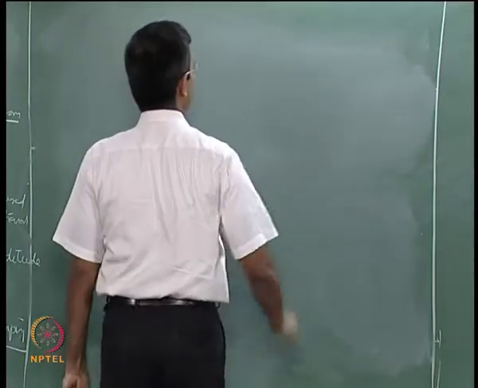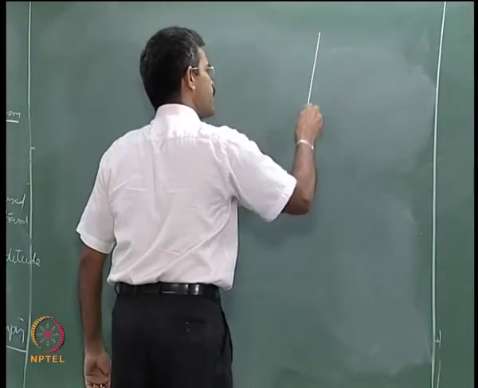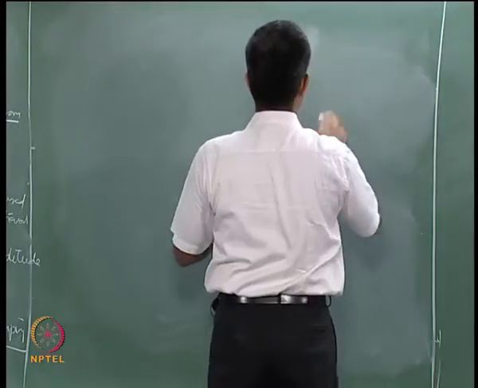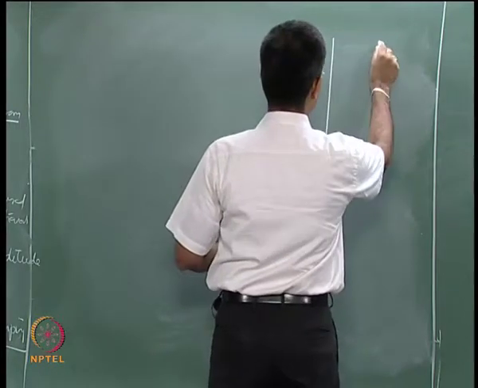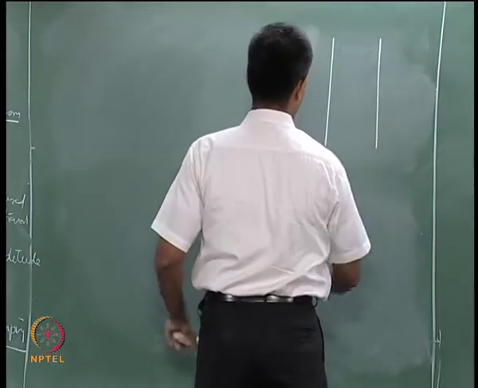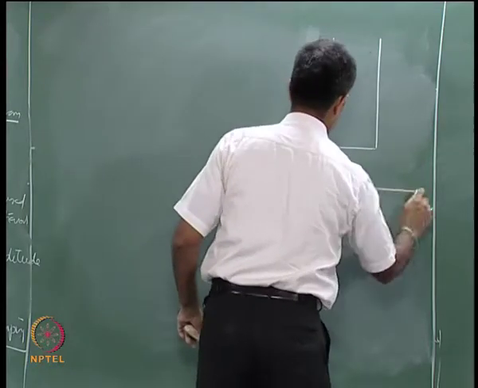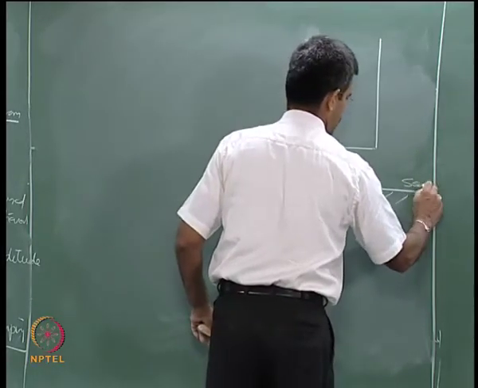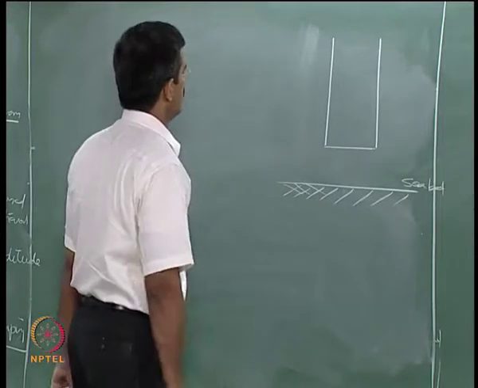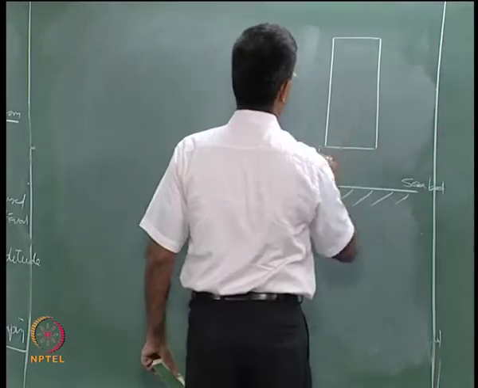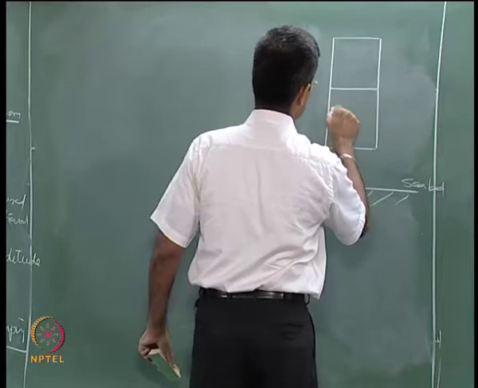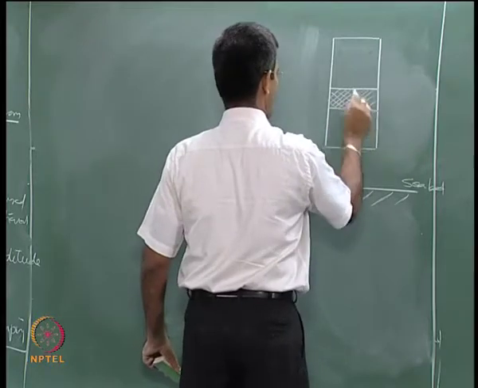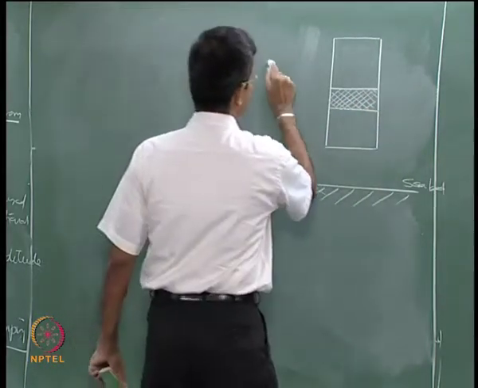Now, let us take a system. This is my seabed, this is my cylinder, this is my perforated region, this is my mean sea level.